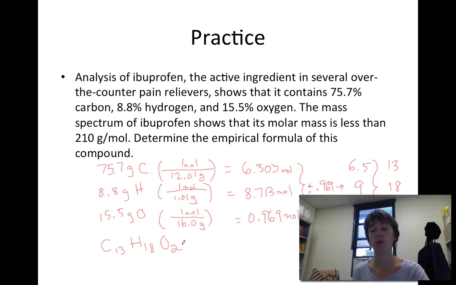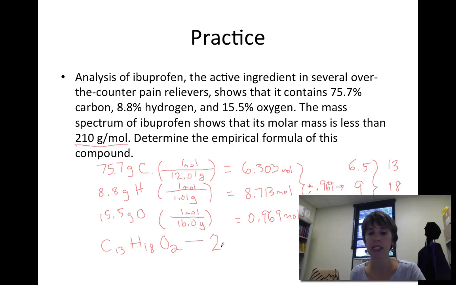Now the thing is, with molecular compounds, if I have C13H18O2, or if I have C26H36O4, those are 2 different compounds. And it's okay for molecular compounds not to be in that simplest ratio. So this may not be the molecular formula of this compound, but I have been given a little bit more information here.